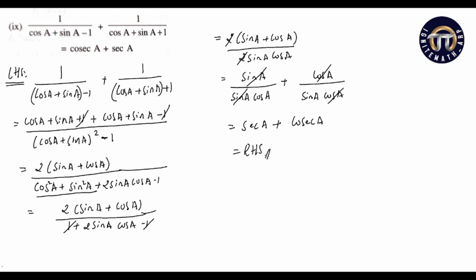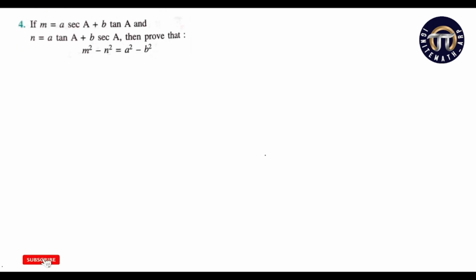Clear children? That is about the question number 9. Now let us see the next question. So if m is equal to a sec a plus b tan a and n is equal to a tan a plus b sec a, then prove that m square minus n square is equal to a square minus b square. So again I will take the left hand side, that is m square minus n square.